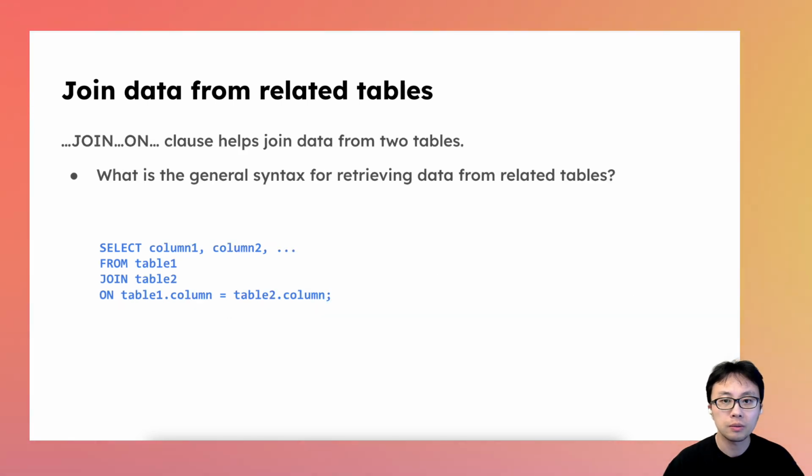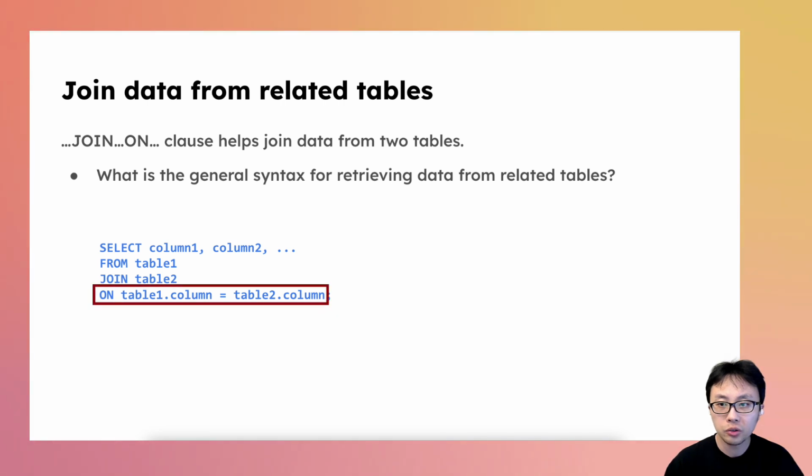So the general syntax first. The general syntax of joining data from related tables is presented here on the screen. We have some assumptions here, which is that the two tables, table 1 and table 2, are actually related. The two tables are listed here. FROM table 1 JOIN table 2.